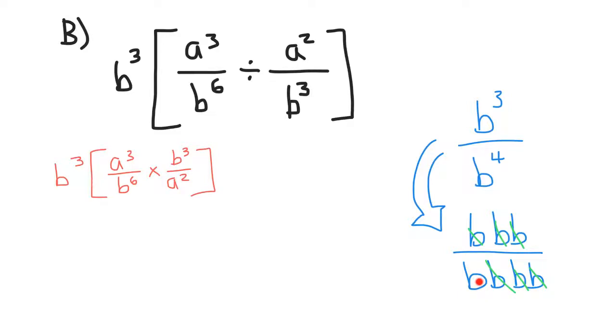So when we canceled, the top turned into a 1, and what we have left down below is this remaining b. So that ends up becoming 1 over b. That's what happens when the exponent on top is smaller than the exponent down below.